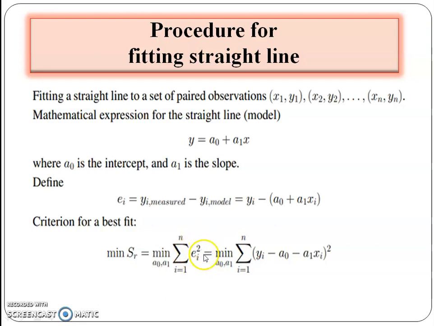We square the errors and apply maxima-minima conditions to find the values of a0, a1. Substituting ei equal to yi minus a0 minus a1xi, we get an objective function: minimum over a0, a1 of the summation, i running from 1 to n, of yi minus a0 minus a1xi, squared.